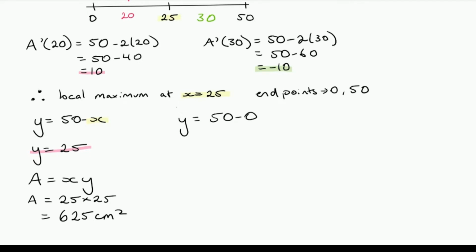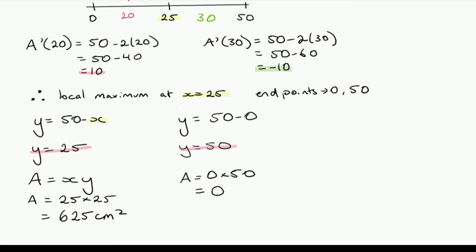So in this case, y is equal to 50. So plugging this into my area equation, of course, if I have my area is equal to 0 times 50, I know that's just going to be 0. So that's clearly not a maximized solution.